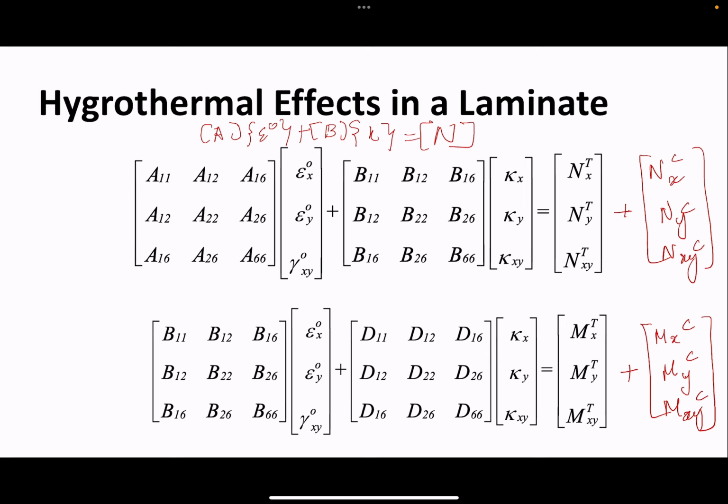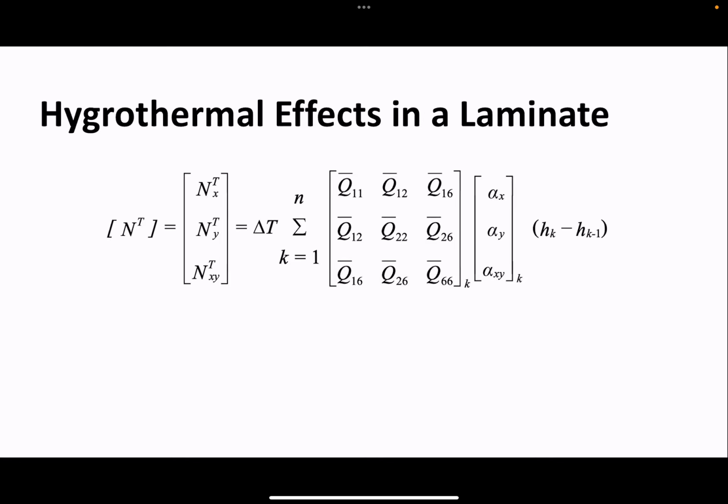It's no longer just N and M's. You'll have to account for thermal and moisture loads as well. So NT is just del T, which is going to be a constant value. And then inside the summation, you have layer by layer Q bar into the coefficient of thermal expansion multiplied by your hk minus hk minus 1.